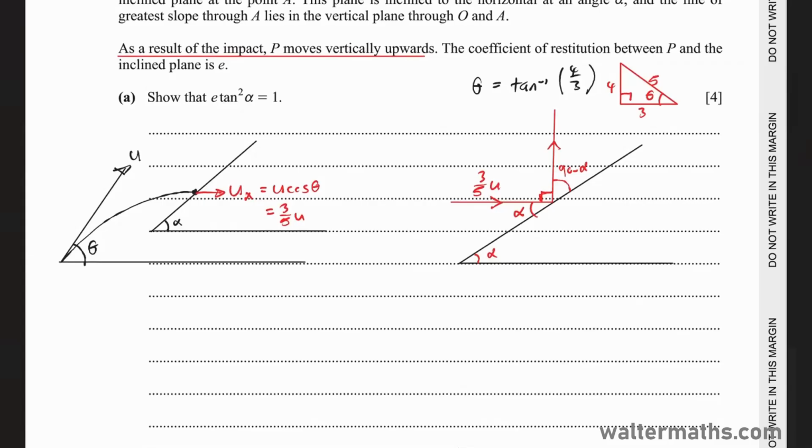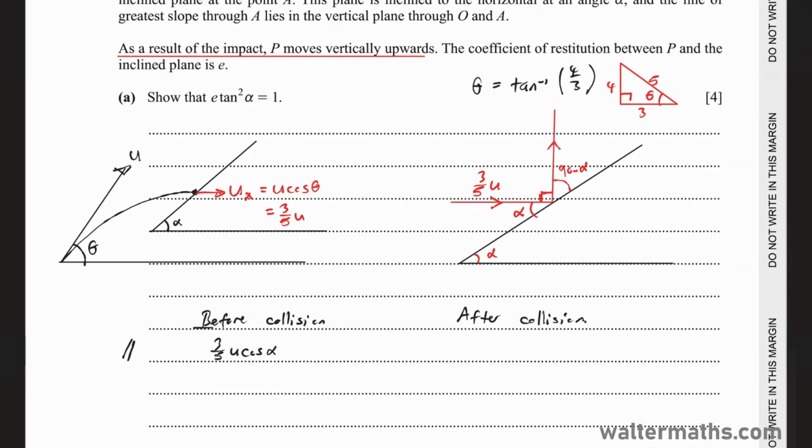So we're going to say before collision and after collision. This is how I prefer to do it. We will look at the parallel components. Before collision, the component of the 3/5 u speed which is parallel to the plane is 3/5 u cos alpha.